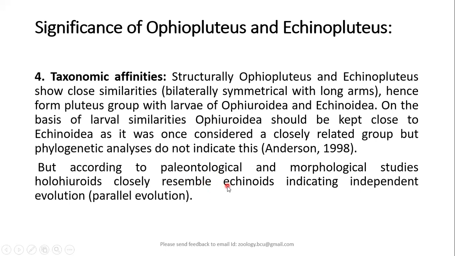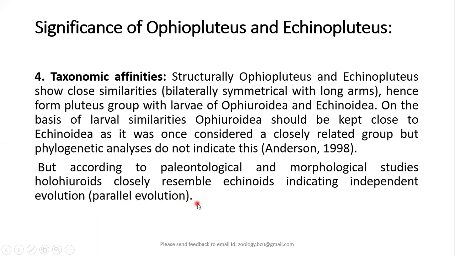So thereby, scientists like to follow the paleontological studies and morphological studies instead of larval studies. Thereby, according to paleontological and morphological studies, holothuroids closely resemble echinoids, indicating independent evolution or parallel evolution.